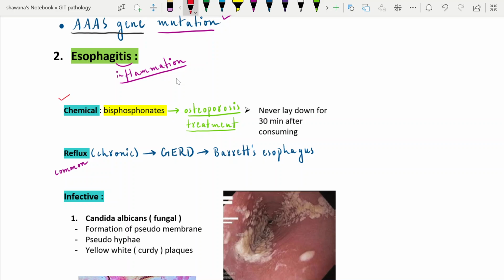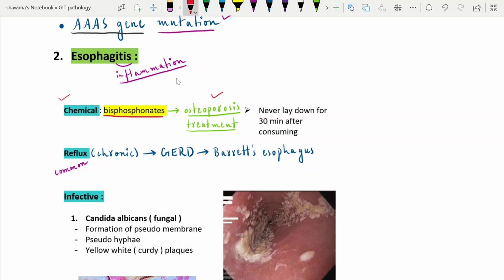These are bisphosphonates. There is a bit of a touch of pharmacology here. Bisphosphonates are chemicals used in the treatment of osteoporosis. Osteoporosis is a disease most common in women over the age of 50 years, in which there is a porous condition of the bones.